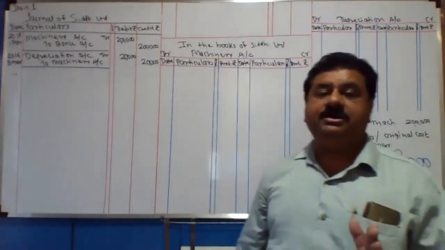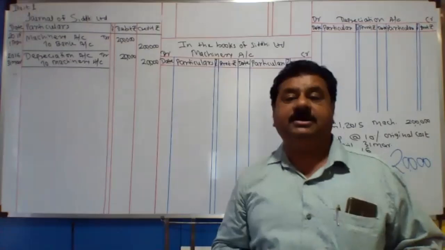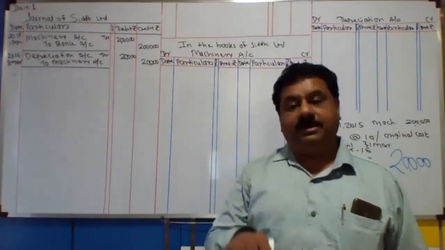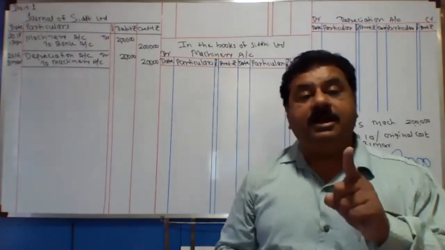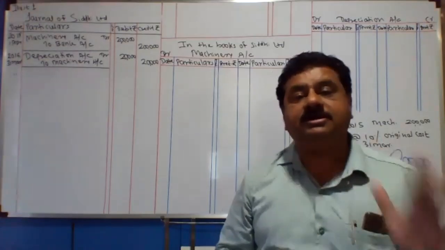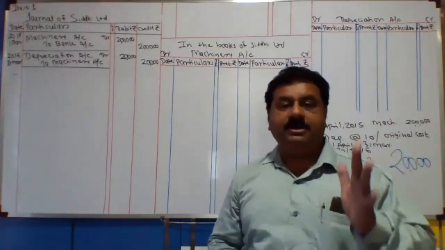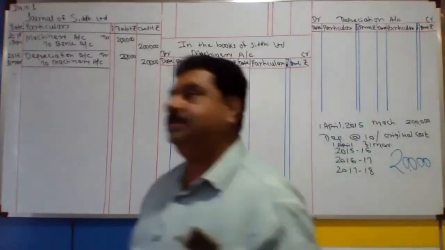Dekho, depreciation is our loss, and it is always to be transferred finally at the end of the year to profit and loss account. Remember my wording. Year ending ला depreciation profit and loss account ला transfer करायचं असतं. At the end of the year, you should transfer the depreciation to profit and loss account.